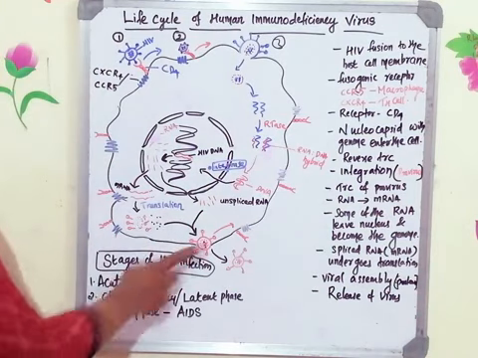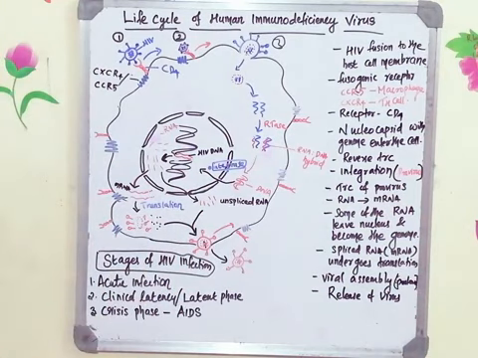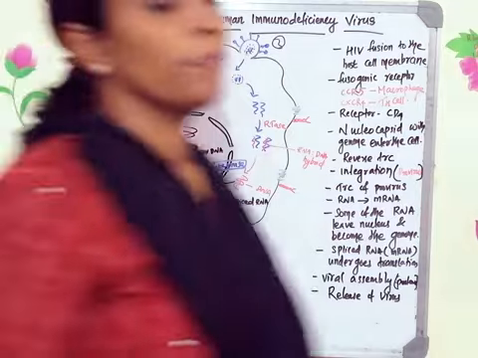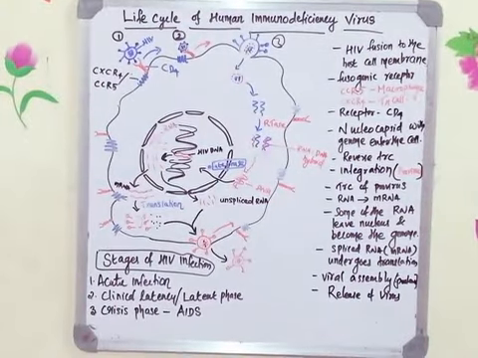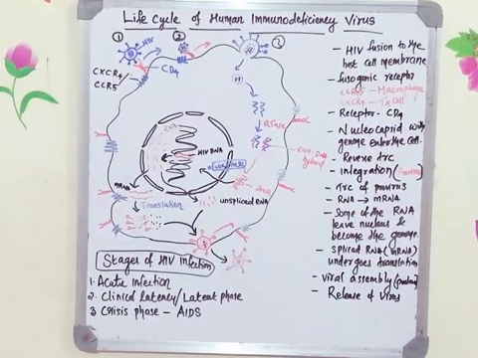Once everything is synthesized, the assembly process happens. For the assembly also, some of the proteins which are expressed from the genome, that is VPU, viral protein U, is the one which will help in the assembly and budding. So viral protein U expresses and produces a protein called P16 that will help in the viral assembly.